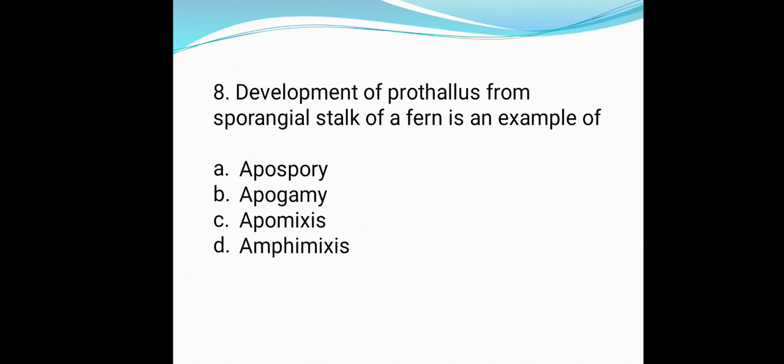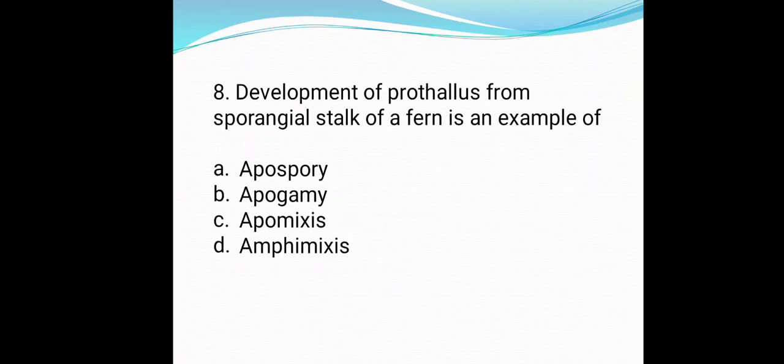Let us see the next question. Development of prothallus from sporangial stalk of a fern is an example of. In the normal life cycle, the diploid sporophyte generation of fern produces haploid spores by meiosis.